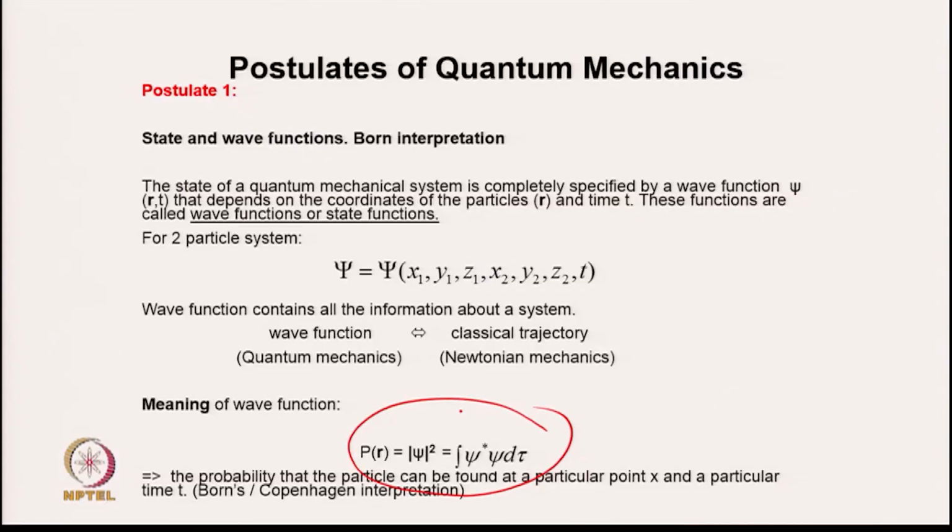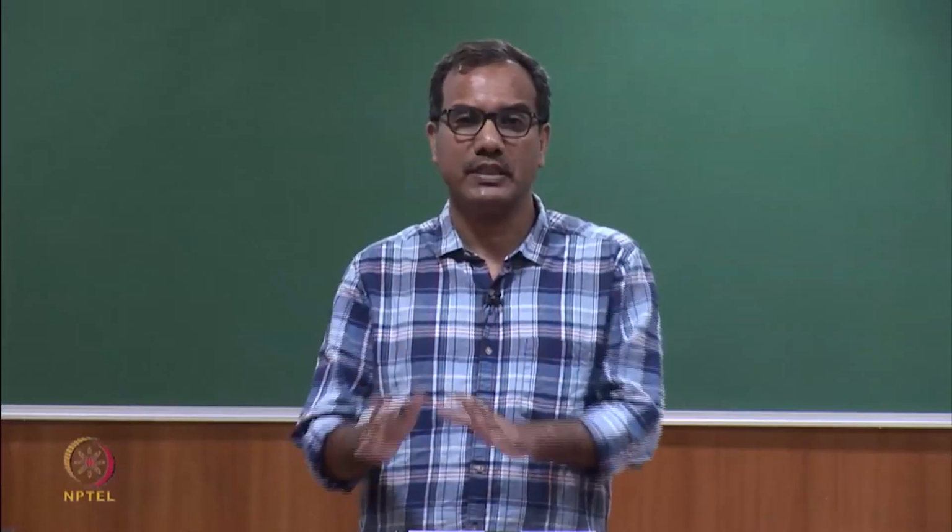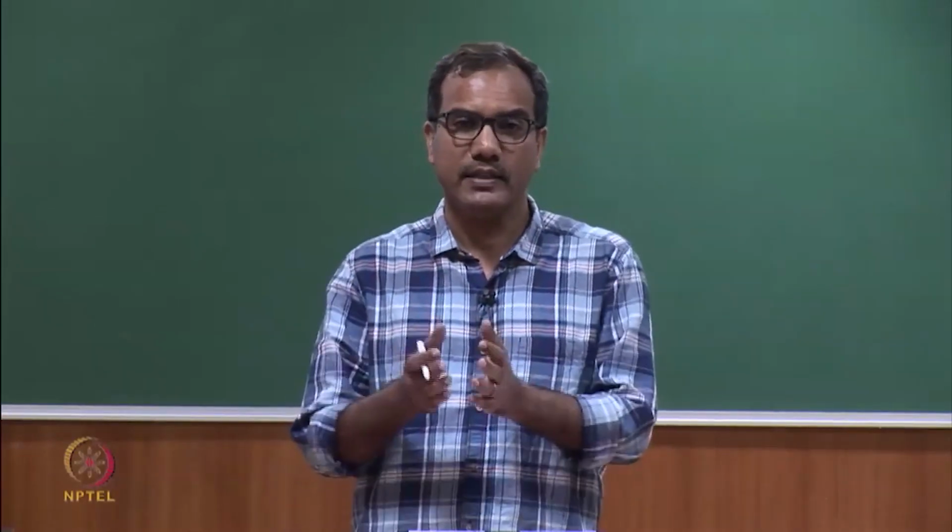The probability is given by psi star into psi into d tau. Psi star into psi is known as the probability density. When it is multiplied by the volume element and you integrate it, you will get the probability of finding an electron in a particular region, or in the d tau region.